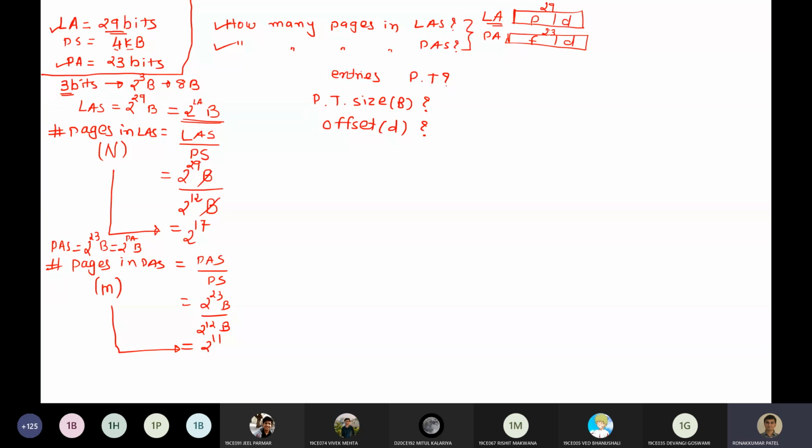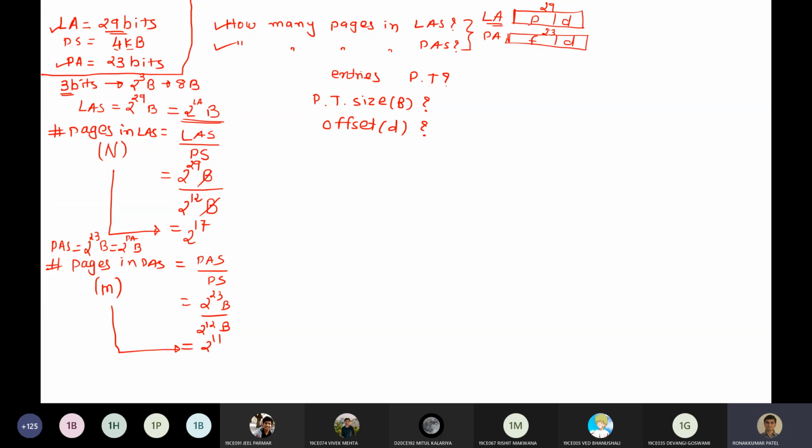Remember this way. In your page table, how many entries or indexes are there? That depends on the number of pages. And to give a unique address to each entry, how many bits are required?